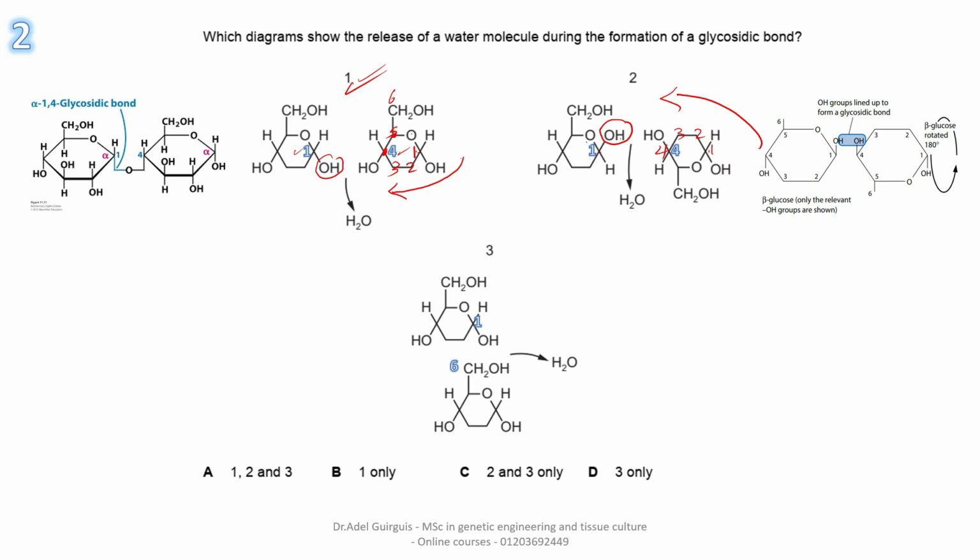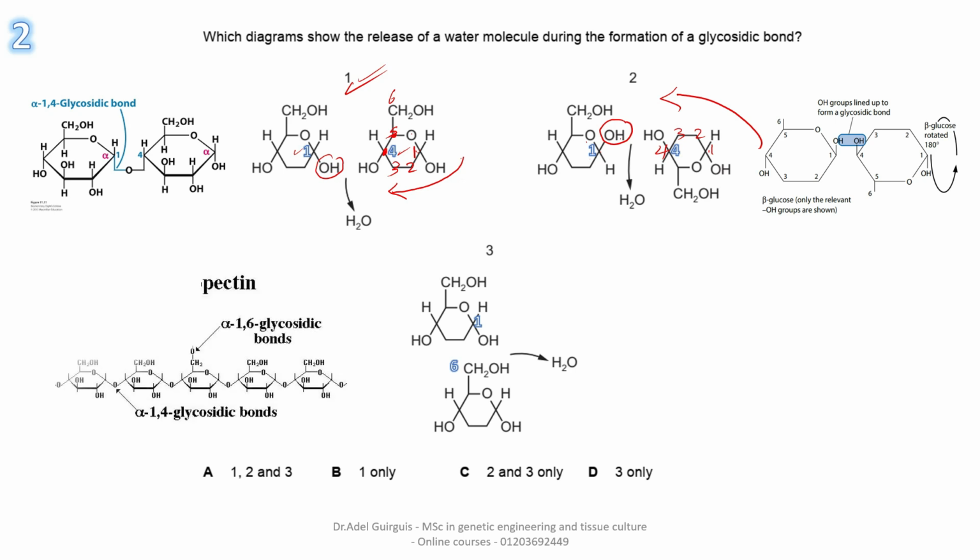So we can form this structure, branching like in amylopectin or even in glycogen. They both are able to form a branching by formation of alpha 1,6 glycosidic bond. It's okay. So the answer is A. Okay, answer is A. Each two monomers can combine to form a glycosidic bond.